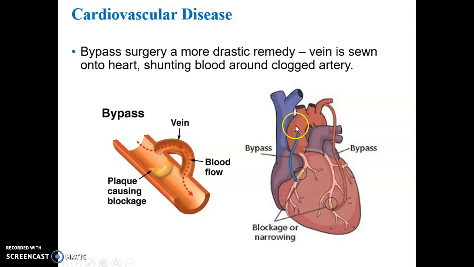For example, here, the bypass is a vein attached from the aorta, which is carrying oxygen-rich blood, to one of the coronary arteries beyond the blockage, so that this heart tissue can hopefully still be amply supplied with nutrients and oxygen. This example over here is through another artery, a longer bypass to a region of the heart beyond the blockage. So the plaque that might be causing the blockage is bypassed with a vein from elsewhere in the body so that the blood flow is maintained and secured.